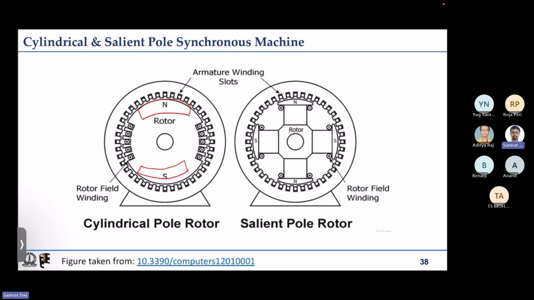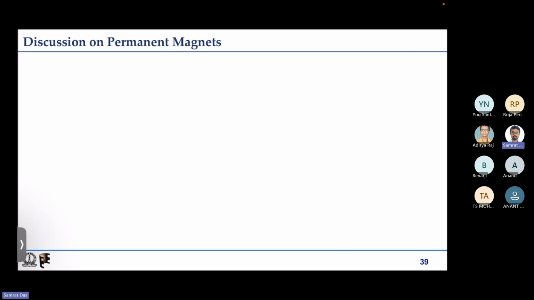So we could do away with the requirement for slip rings, which are required in a synchronous machine for injecting some current into the rotor. And we went on to discuss a few things about permanent magnets.